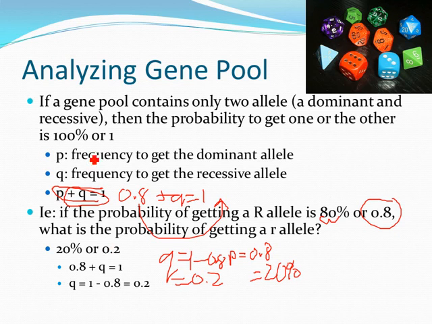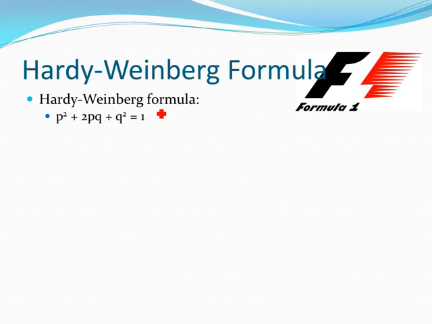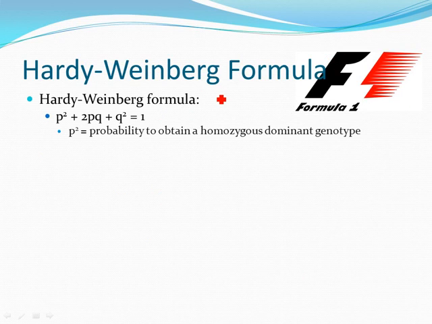Okay, that's how we calculate it. The Hardy-Weinberg formula is p squared plus 2pq plus q squared equals 1. So p squared is the probability of obtaining a homozygous dominant genotype. How do we get this? Well, we already talked about how p itself is the frequency of the dominant allele.